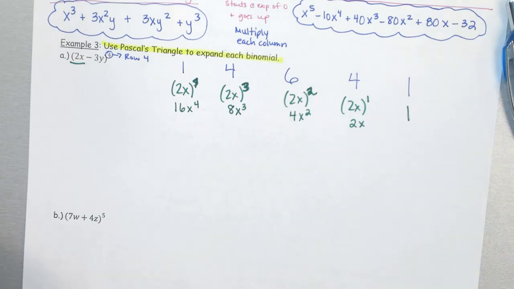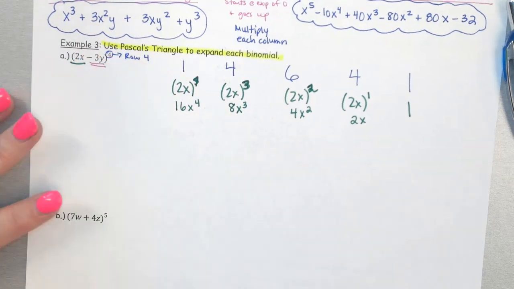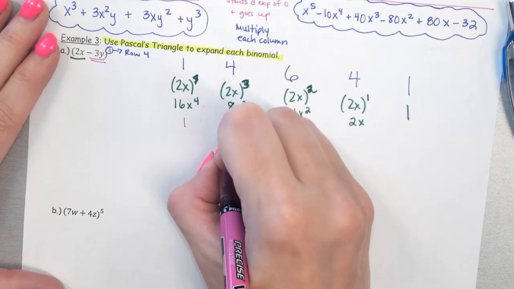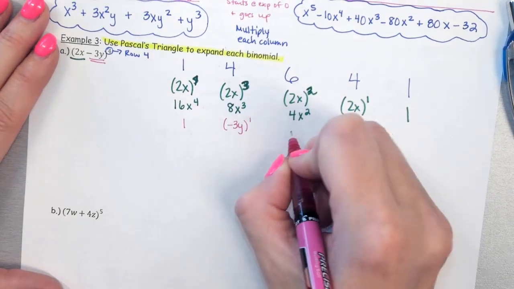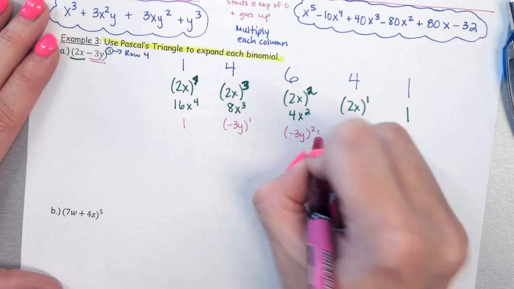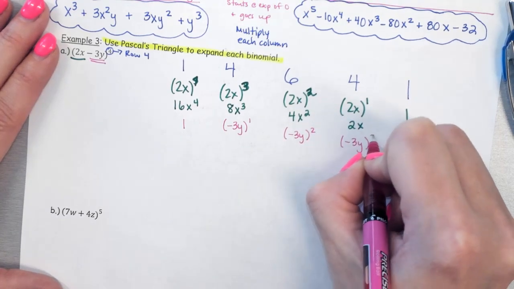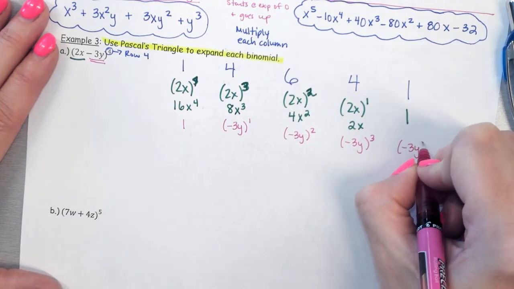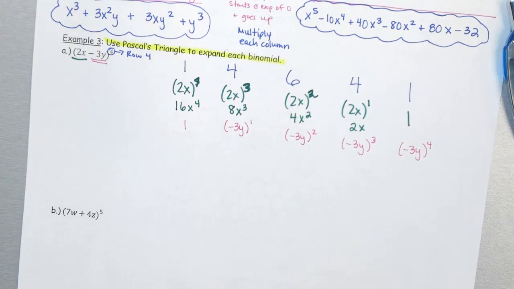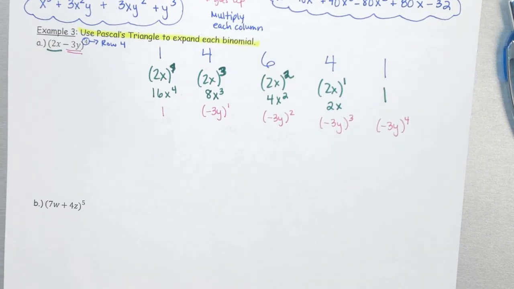All right, and then negative 3y. Again, you need to take that negative. The first one is 1. You have negative 3y to the first, negative 3y to the second, negative 3y cubed, negative 3y to the 4th. Okay, I want you to simplify underneath.